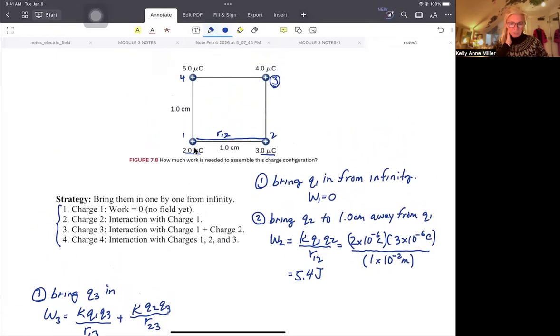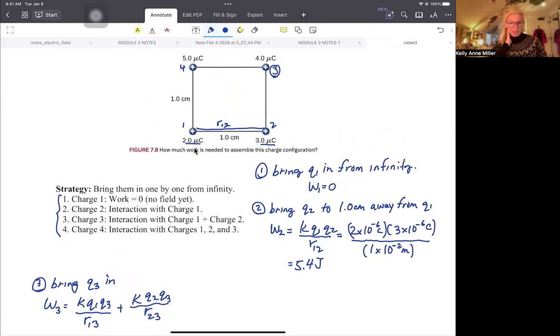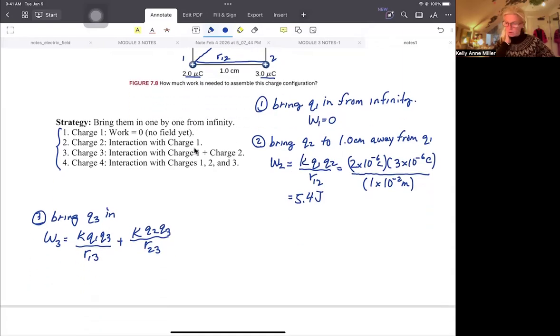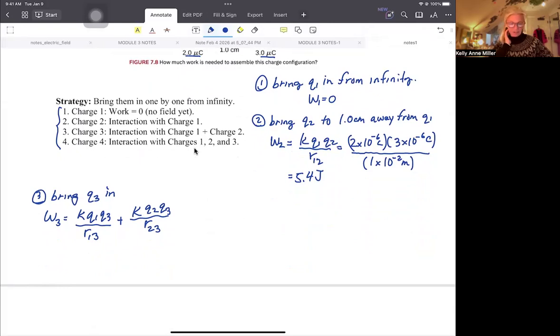Okay, so the distance between 1 and 3, I'm gonna have to use the hypotenuse, right? It's not 1 centimeter anymore, so that's the only tricky part. So I can pull K out, because it's a constant.